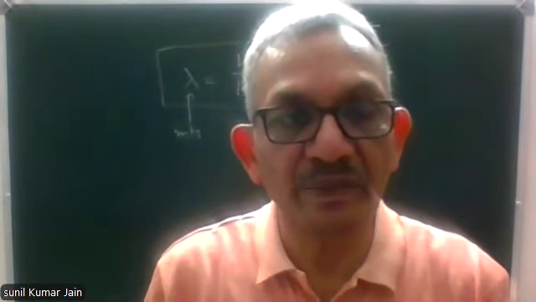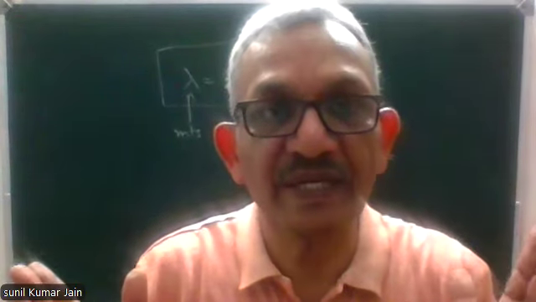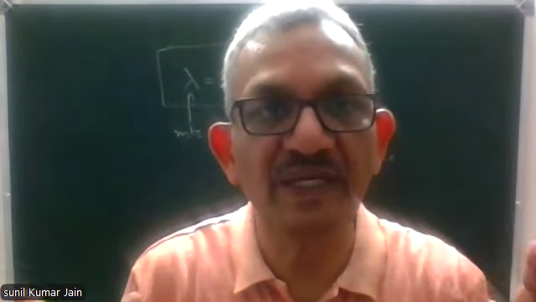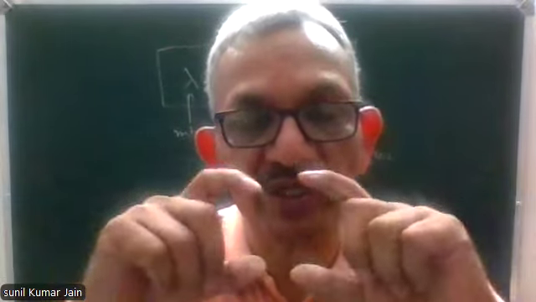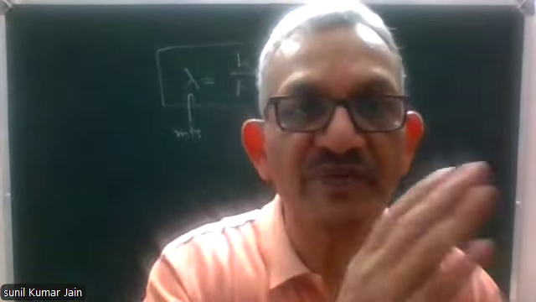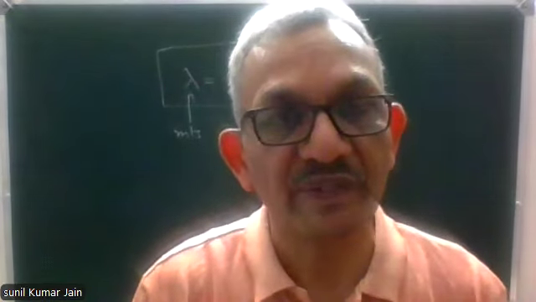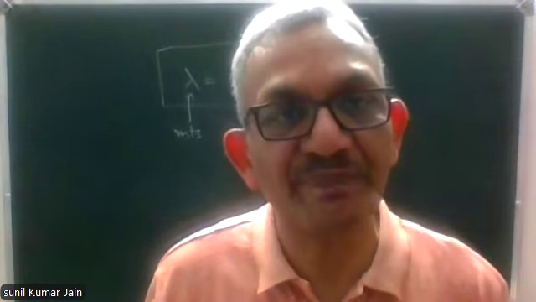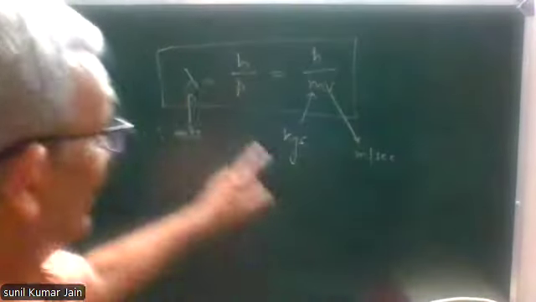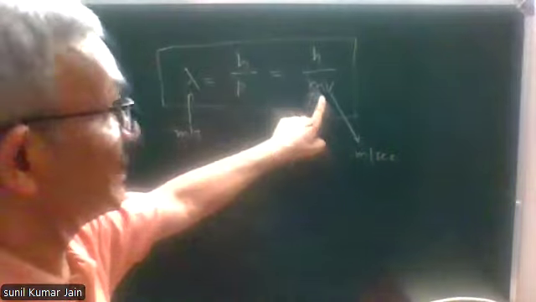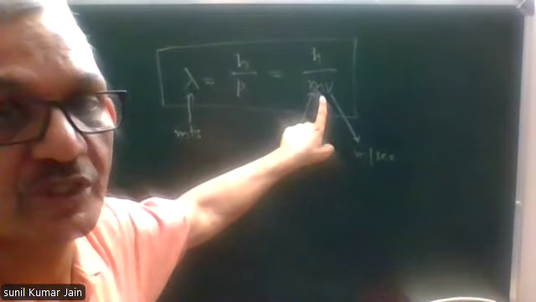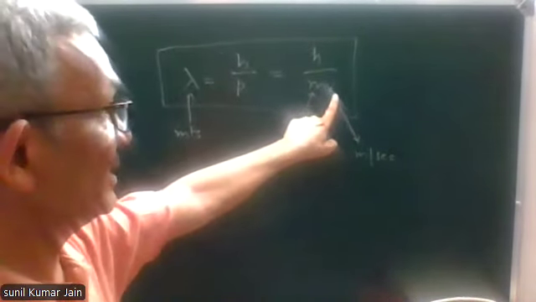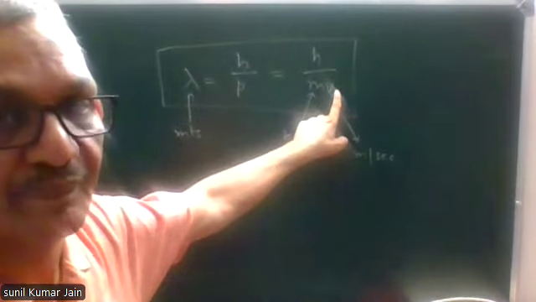Even a dust particle, if you make a video and see it in slow motion, will not be visible traveling like a wave. Look here. Wavelength associated with the particle will be inversely proportional to mass and velocity of the particle.